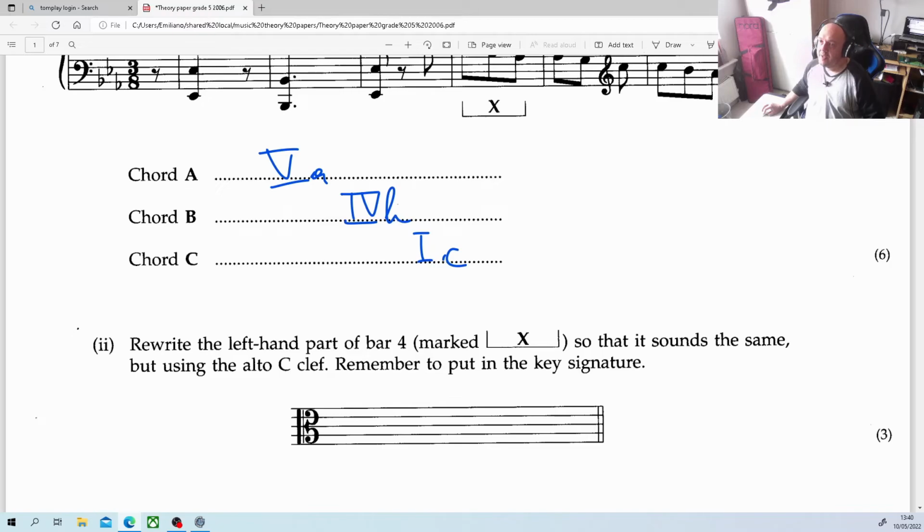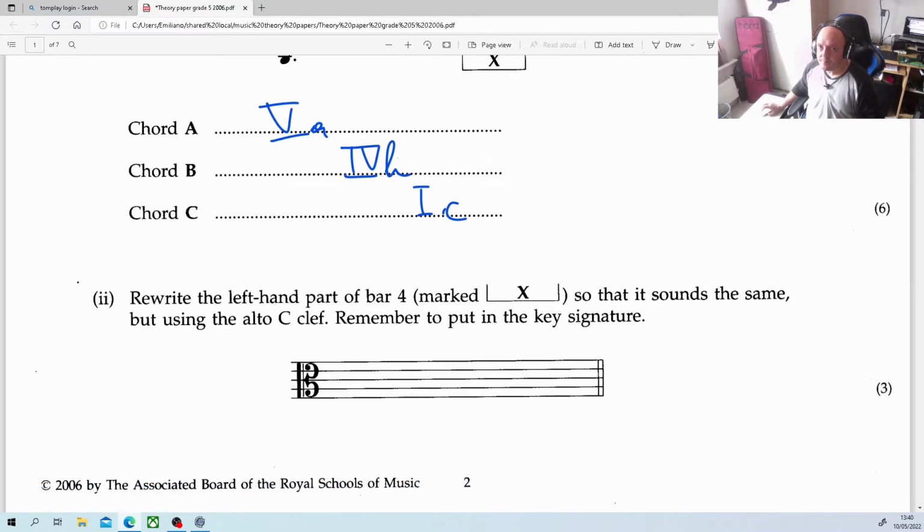Okay, same question. Rewrite the left-hand part of bar 4 marked there so that it sounds the same. So no transposition, no change of octave, no transposition at all, but using the alto C clef. So in other words, rewrite that in the alto clef. Remember to put in the key signature.